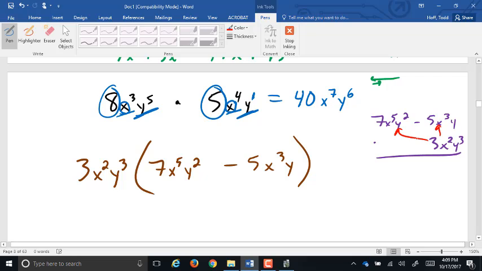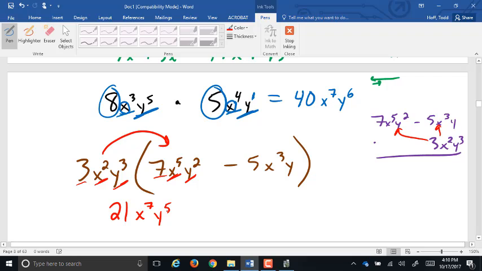But we have that shortcut we've been using, the distributing. So we'll do the 3x squared y to the third times 7x to the 5th y squared. We multiply the counts. What is 3 times 7? 21. Then we multiply the names individually. X squared times x to the 5th is x to the 7th. Y to the third times y squared.